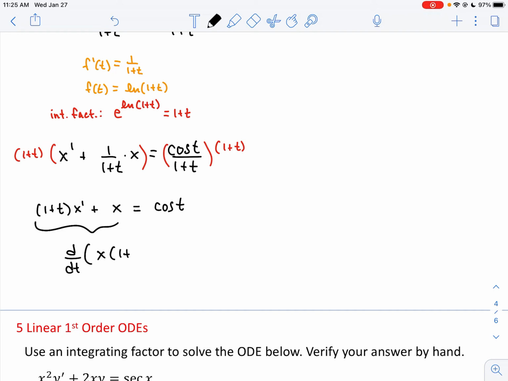So you could write it this way. Doesn't matter which order you write those two factors in, but we have a derivative of x times 1 plus t. Let's check it using the product rule. The derivative of the first factor, derivative of x, is x prime, times the second factor, check, plus the first factor, x, right, which is right there, times the derivative of the second factor. And the derivative of 1 plus t is 1, so check.